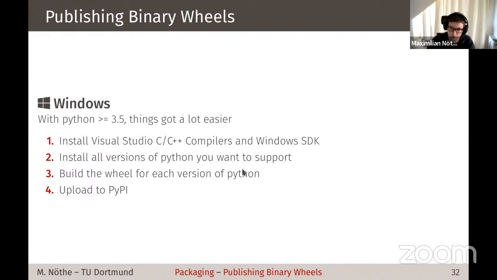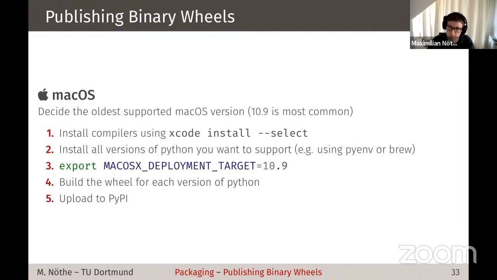We need to install all the versions of Python we want to support, and then we just use this wheel building command we saw before for the non-compiled extension to build our wheels, and we can just upload the resulting wheels on PyPI. And this will then have these Windows tags and the Python version tags, because they are only compatible with a specific version of Python and a specific version of an operating system. But when we do it like this, it will work for all Windows versions and all the Python versions we use to create the binary wheels.